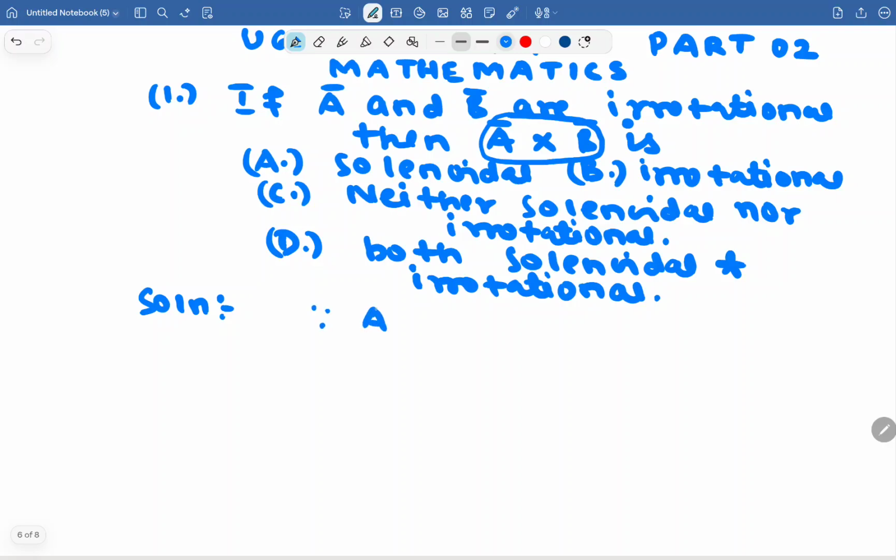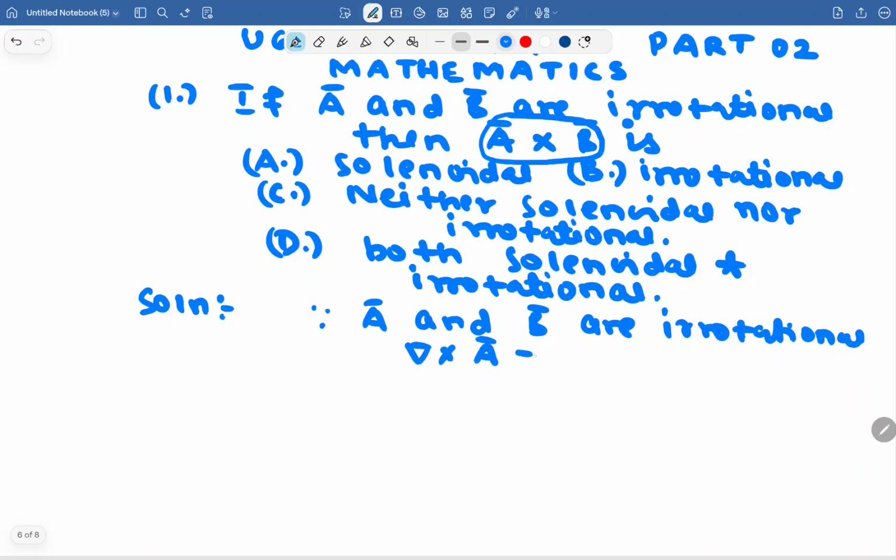Since A and B are irrotational, by definition del cross A vector equal to 0 and del cross B vector equal to 0.